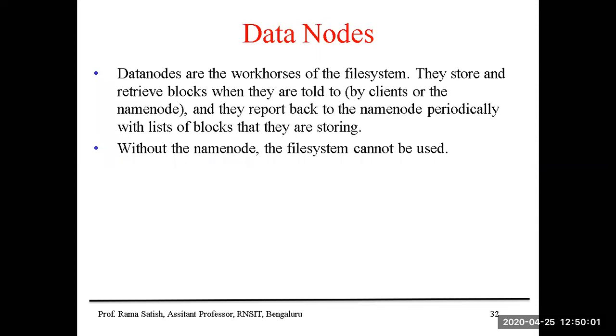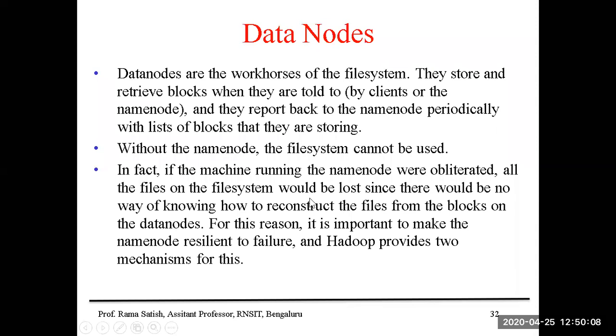If a name node crashes, the entire system goes wrong. So that is why we have another concept called secondary name node. Secondary name node also works simultaneously with the name node. Suppose the primary name node goes out, the secondary name node will immediately come into the picture.